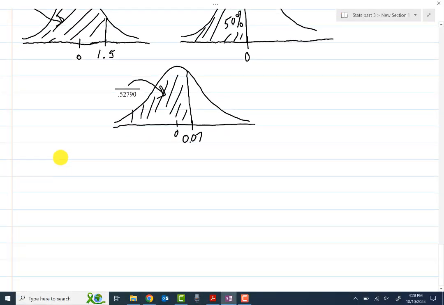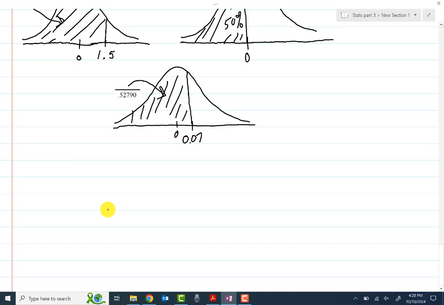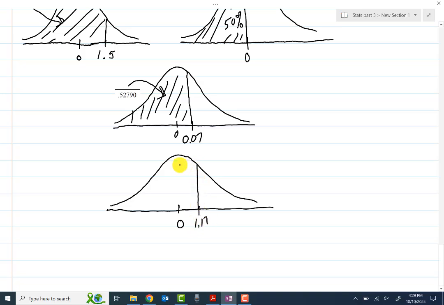And then let me leave one for you to make sure that you're catching on. This one had an area of 0.879.